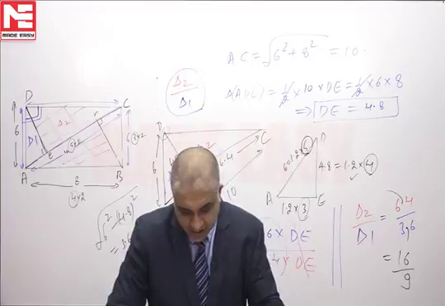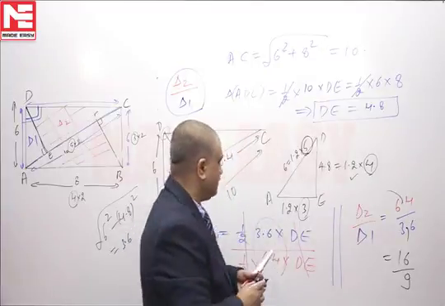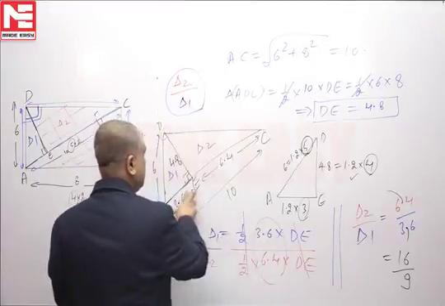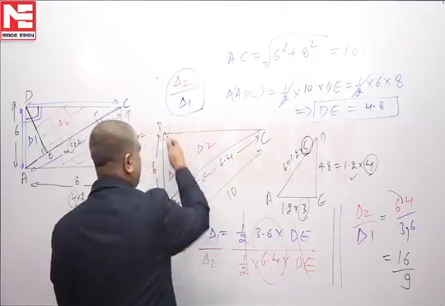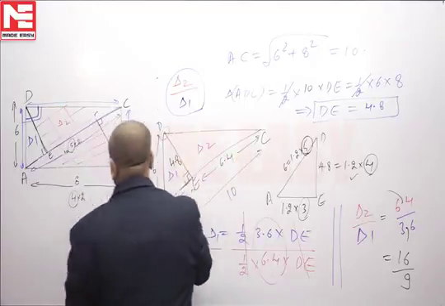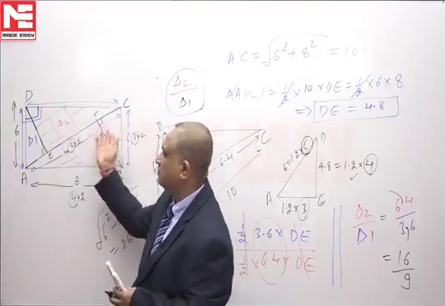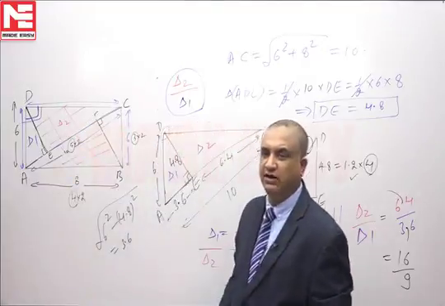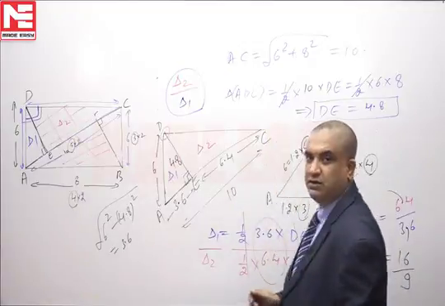So 16 upon 9 is the ratio, which is option B, which is the ratio of these two sides. Because their height is the same, shaded we can do twice of red, and this twice of blue, which is not required. So the ratio will be equal to 16.